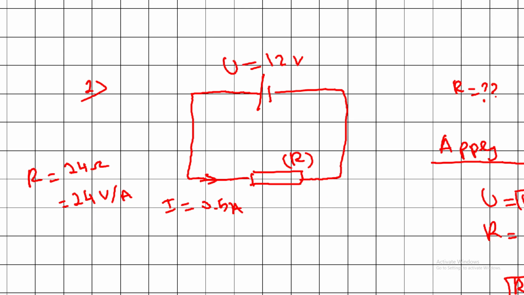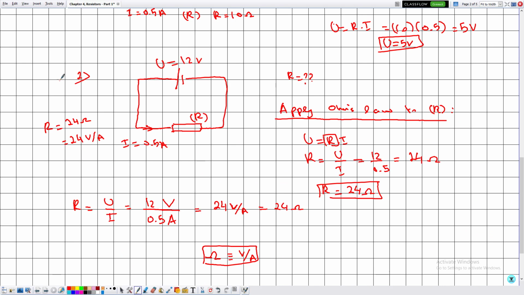This resistor has a value of 24 ohms, which means 24 volts per ampere, which means that in order to increase the current by 1 ampere, we must increase the voltage by 24 volts. I repeat, if we need to increase the current by 1 ampere, we need an applied voltage of 24 volts.